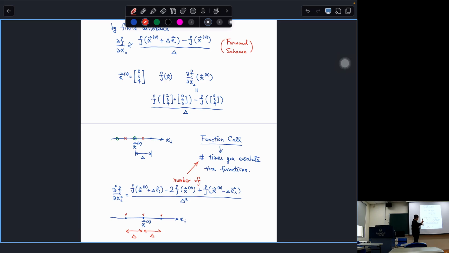And when the computer code moves on to the next line and tries to evaluate for the second order partial derivative, if you are not managing well, you may evaluate all three functions once again. That's 2 plus 3, right?